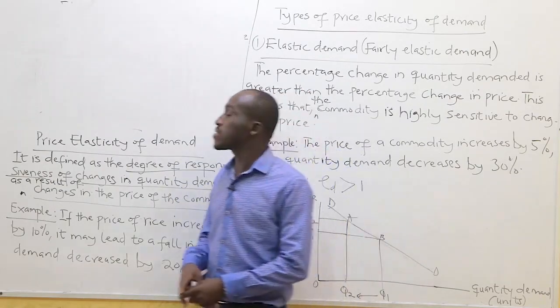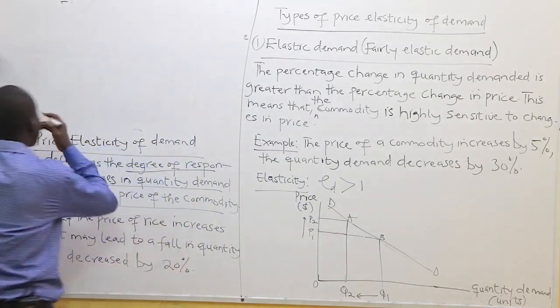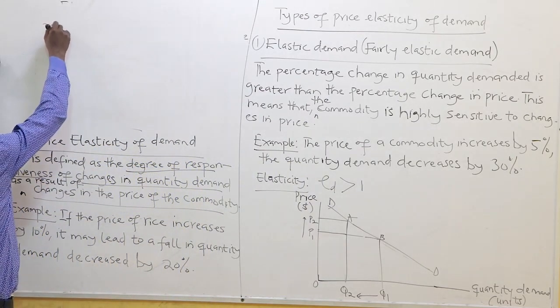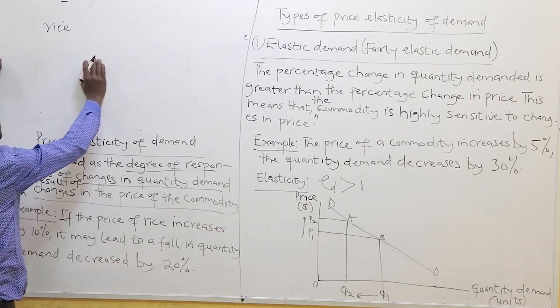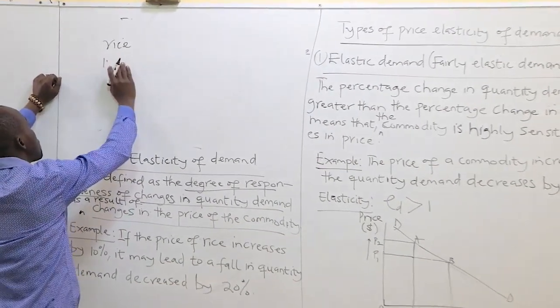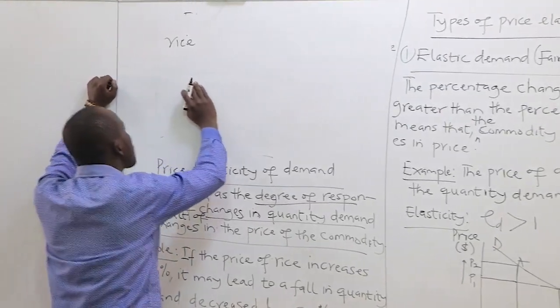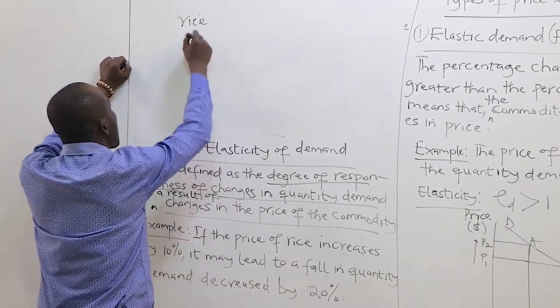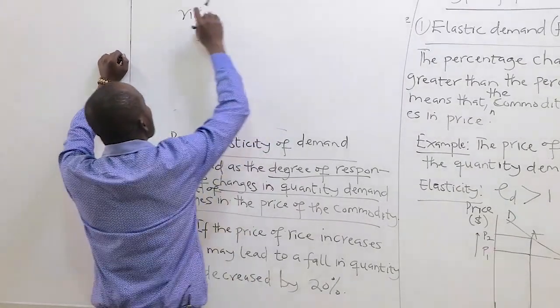Maybe, let's assume you're buying rice. The price increases. When the price was 5, let's see, rice.